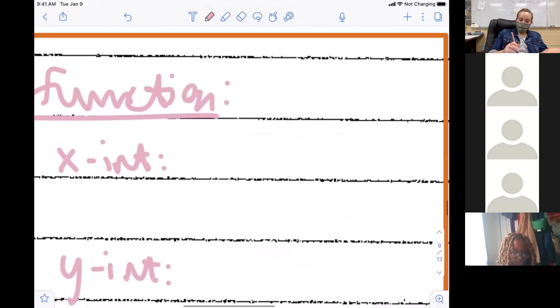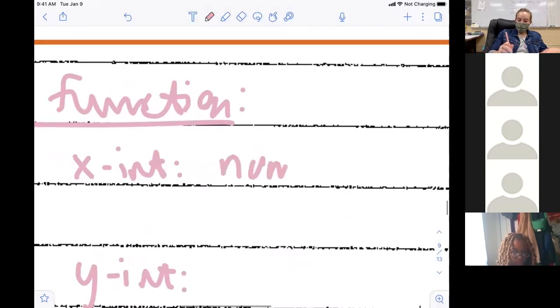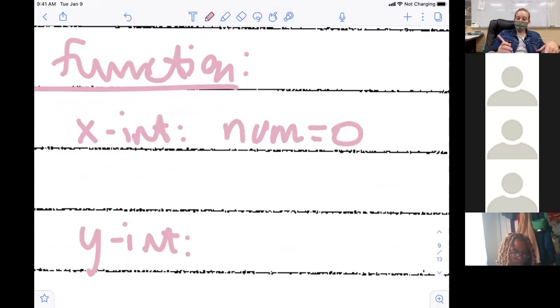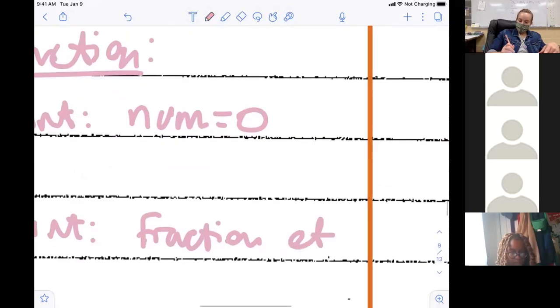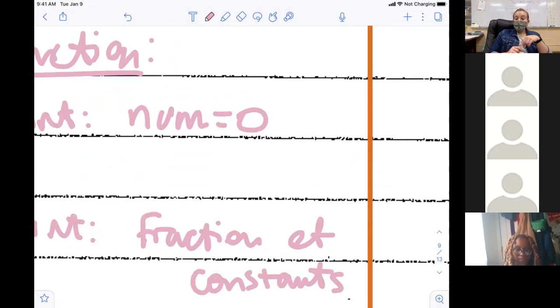X-intercept, you set your numerator equal to 0 because 0 divided by anything is always 0. So set your numerator equal to 0. That will give you your x-intercept. And then your y-intercept is the fraction of the constants. A constant is the term without the variable, so it's whatever the 2 numbers at the end are.